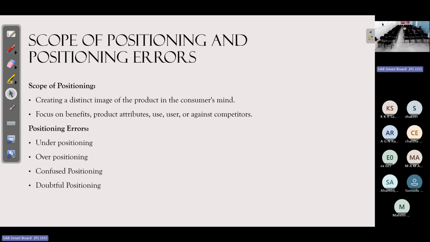So you can write down that doubtful positioning is providing unrealistic information.